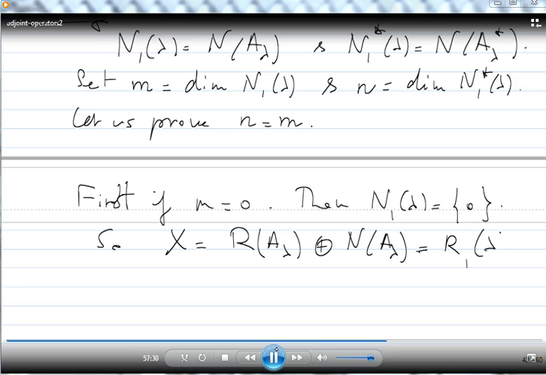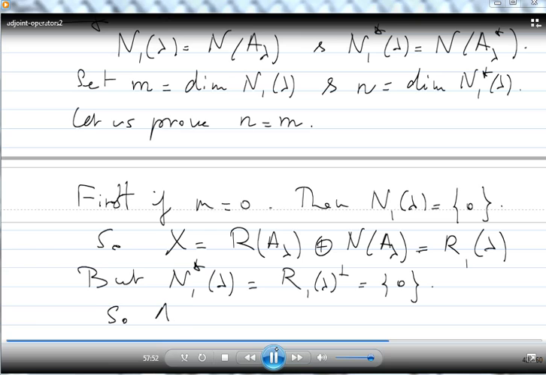Because N1 of lambda is equal to 0, but N1 star of lambda, the null space of A lambda star, is the orthogonal of R of A lambda, which is 0. So A lambda star is injective, among other things.